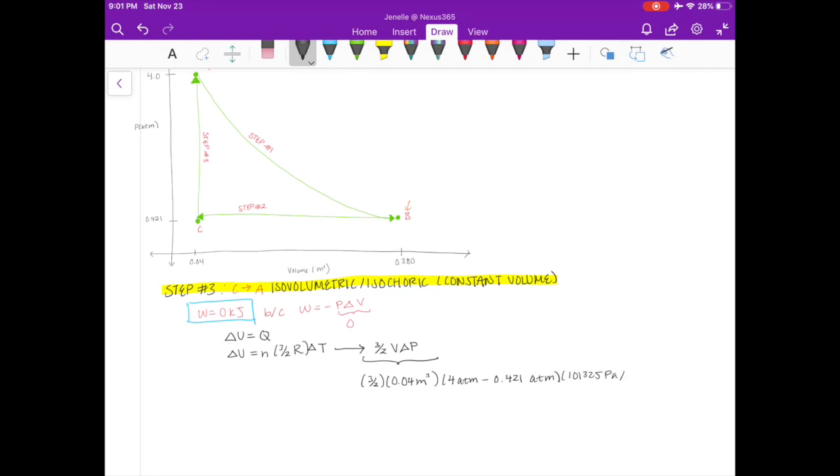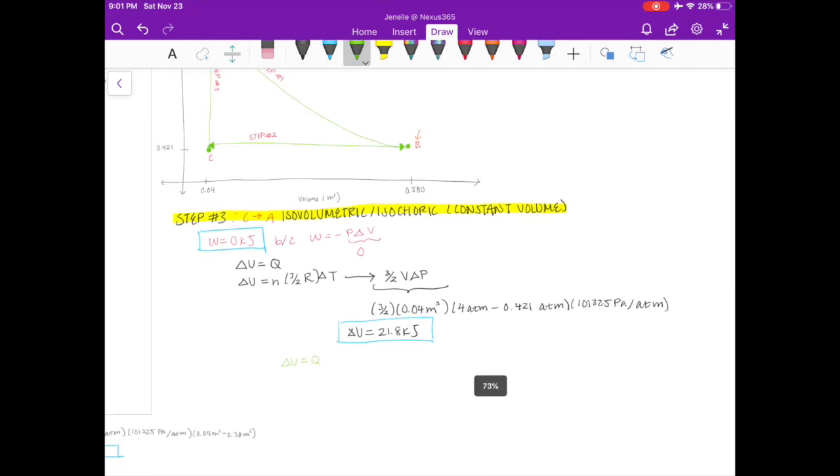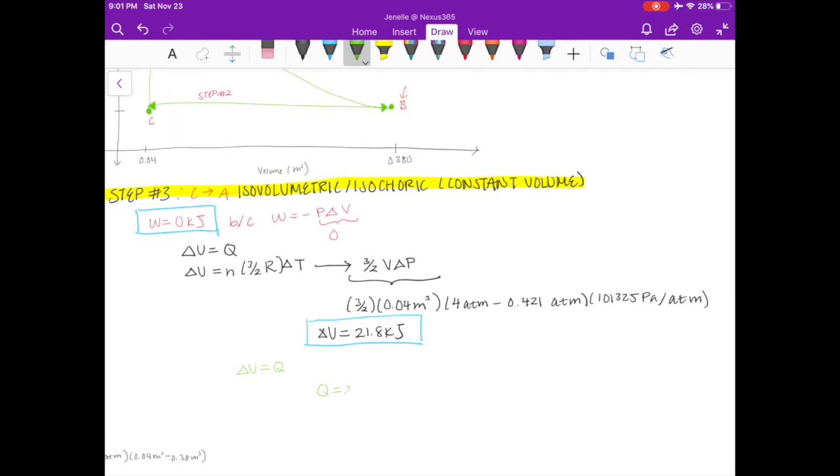And again, let's remember that we have to keep this in pascals instead of atm. And so we find that the change in internal energy is 21.8 kilojoules. And since the change in internal energy equals the heat flow, then the heat flow is also equal to 21.8 kilojoules. And since this is positive, the heat is flowing into the system.